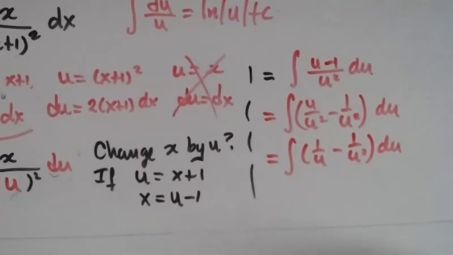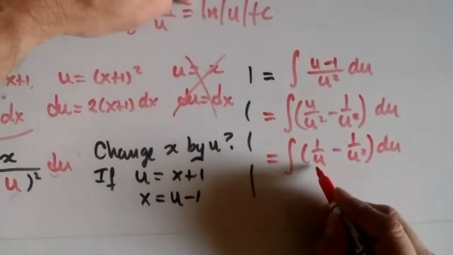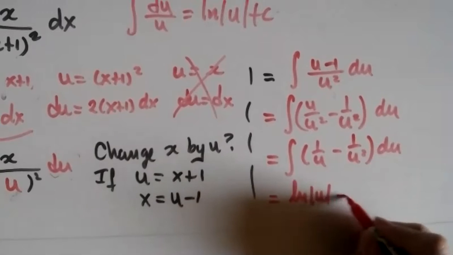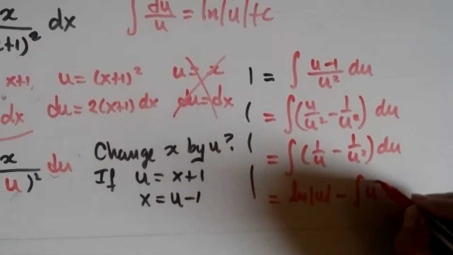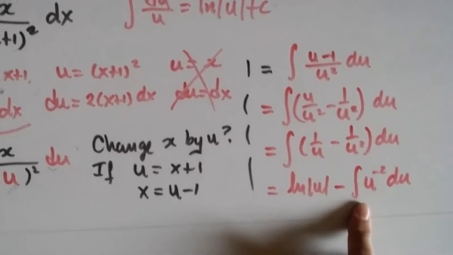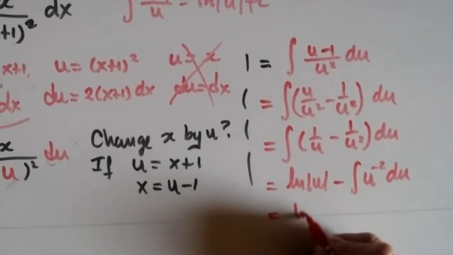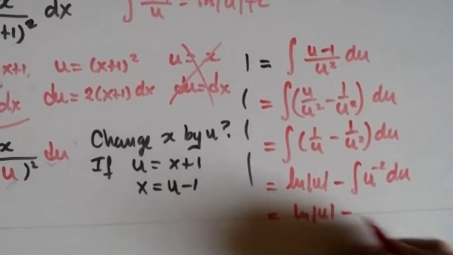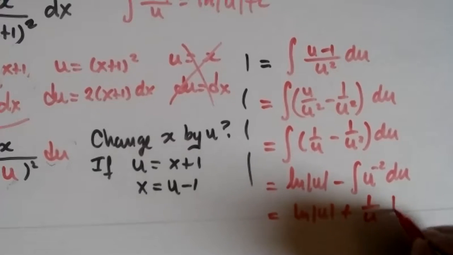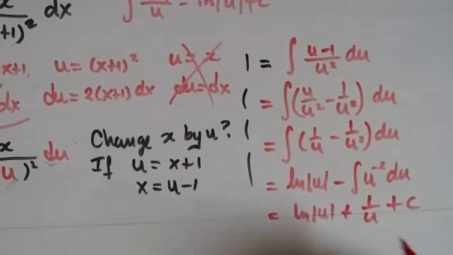Not a big deal, because this is directly this one. So this is ln of the absolute value of u, and this one is the integral of u to the negative 2 du. I'm going to use the power rule. So this is ln absolute value of u minus, well, no, this is going to be plus 1 over u plus c. Why 1 over u?